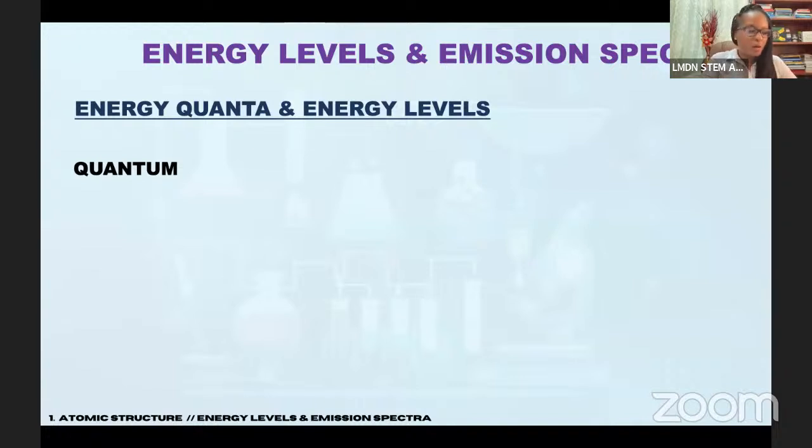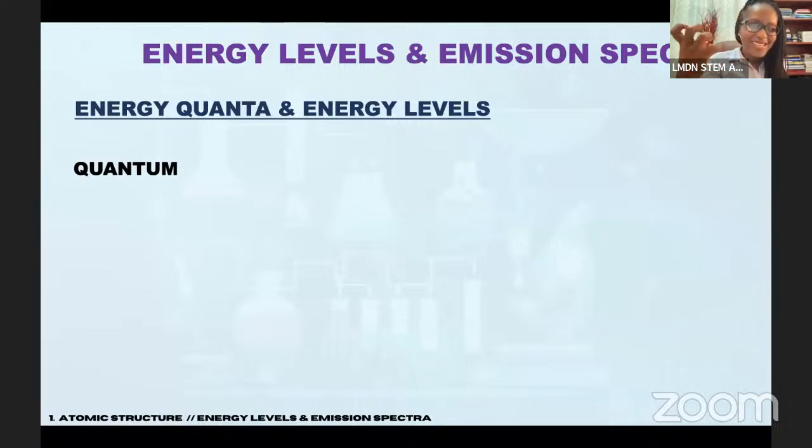And so we typically talk about a quantum of energy, and that's the fixed amount of energy that it takes for a change to happen in an electron, right? So for it to go from one level to another, there's a quantum of energy required for that change to take place, a fixed amount of energy, and we call that the quantum of energy, right?